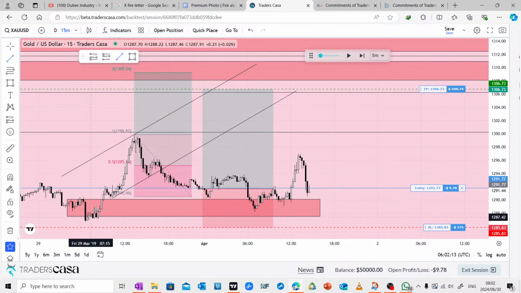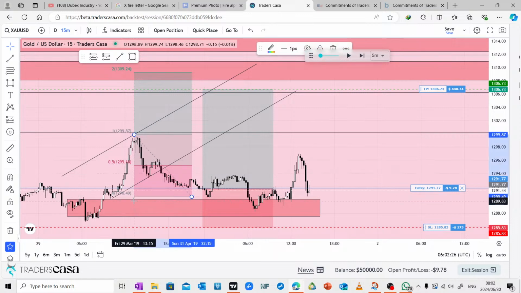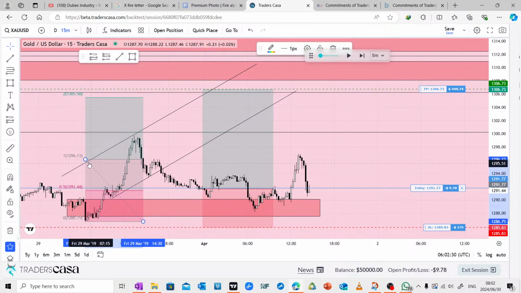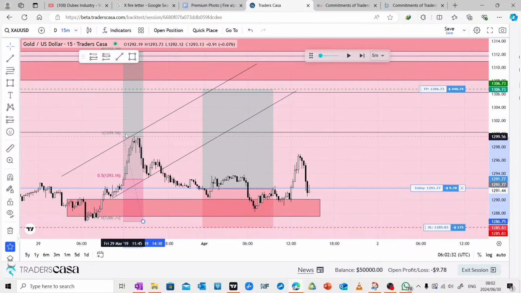Market is ranging from this high to this low, and within that region, this is discount. Between this high and that low, 50% is right here.